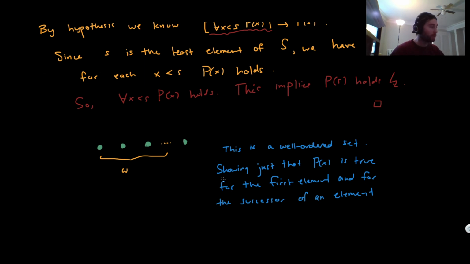It would not show p of x holds for the limit point, for the green dot which is a limit point.